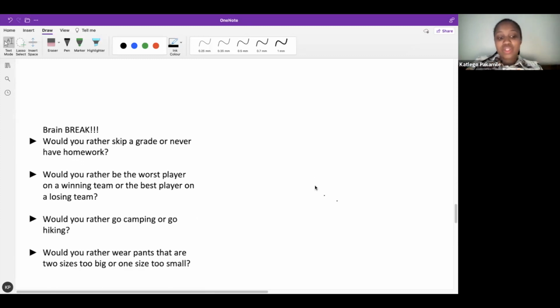Would you rather wear pants that are 2 sizes too big or 1 size too small? One size too small. Hey, Ballas, have you tried to sit with pants that are 1 size too small? No, ma'am, I mean the boys could do it because they're skinny. They make their pants skinnier. Imagine after eating dinner and you're in that size small. But then, ma'am, if it's big, the pants will keep on falling. And if you laugh, you hear a pop, and then people are like, much.